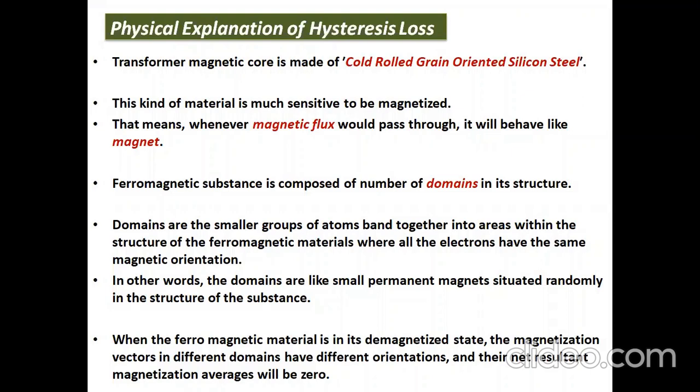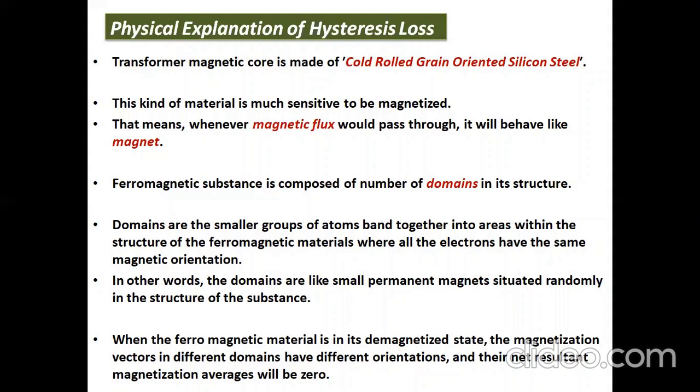Ferromagnetic substance is composed of a number of domains in its structure. Domains are the smaller groups of atoms banded together into areas within the structure of the ferromagnetic materials where all the electrons have the same magnetic orientation.